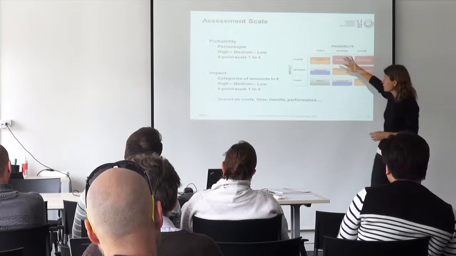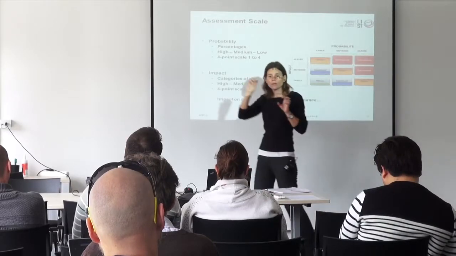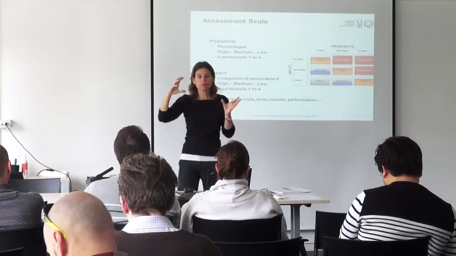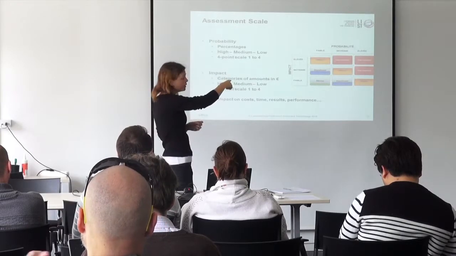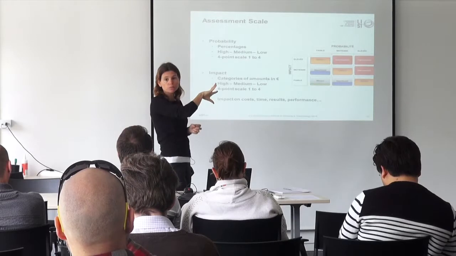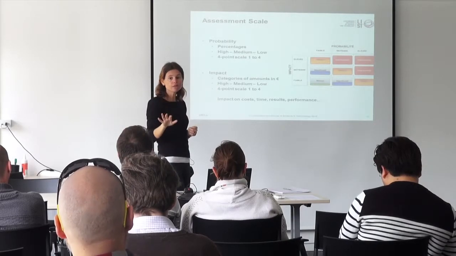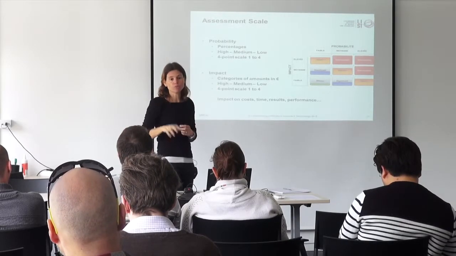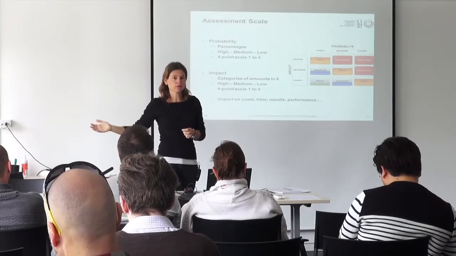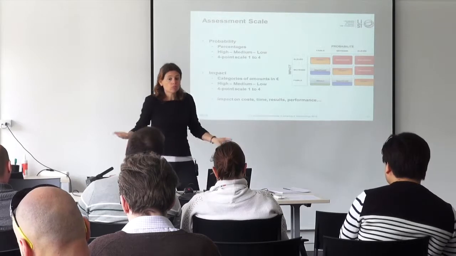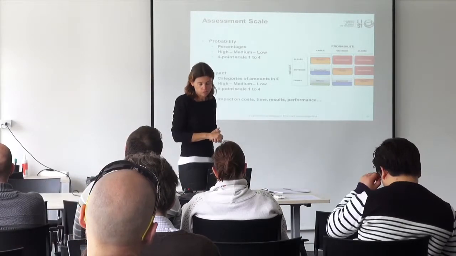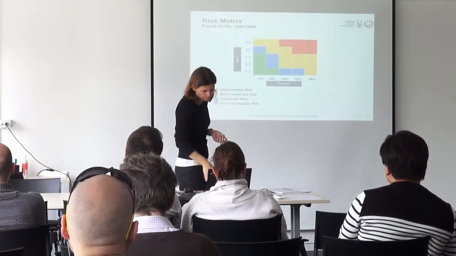And then try to identify places or cells in the matrix where you say the ones that are red are unacceptable. We cannot live on that project with these risks without doing anything. And the ones that are minor, well, you live with them and that's it. You know they are there and that's it.